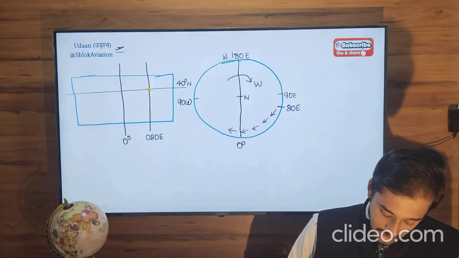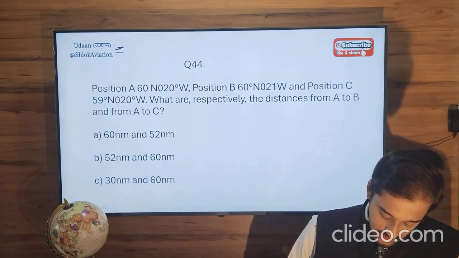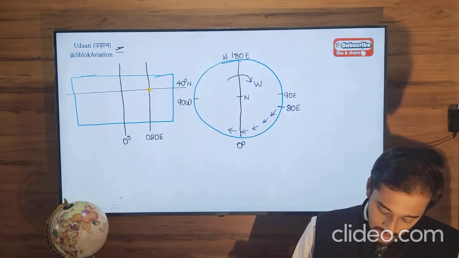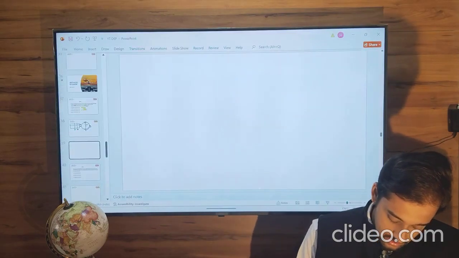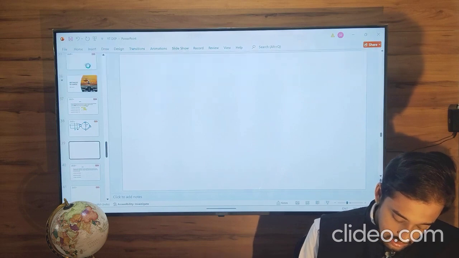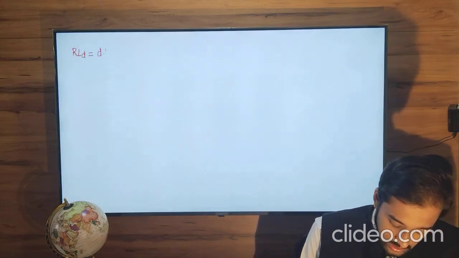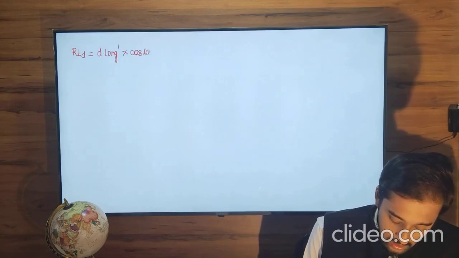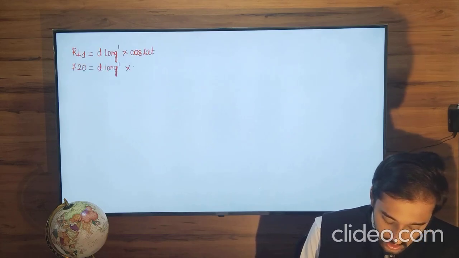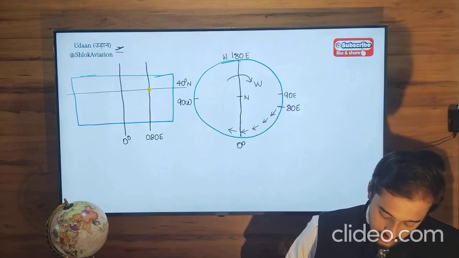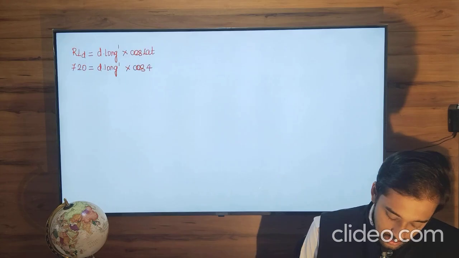Our distance is 720. So rhumb line distance is d long in minutes into cos of lat. 720 is d long in minutes into cos of 40°.